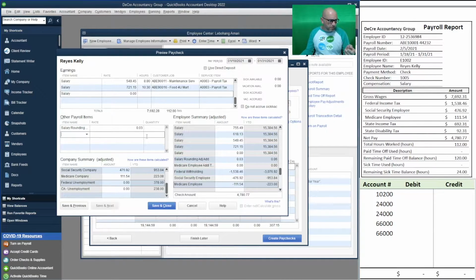What we do is make that adjustment to the net, because ultimately this gross wages, we can't adjust there because then it starts shifting everything up. But we can adjust it in other payroll items, and I call it salary rounding adjustment. So if I see that this is 28 cents and this is 31, I need to bring this one up by 3 cents.